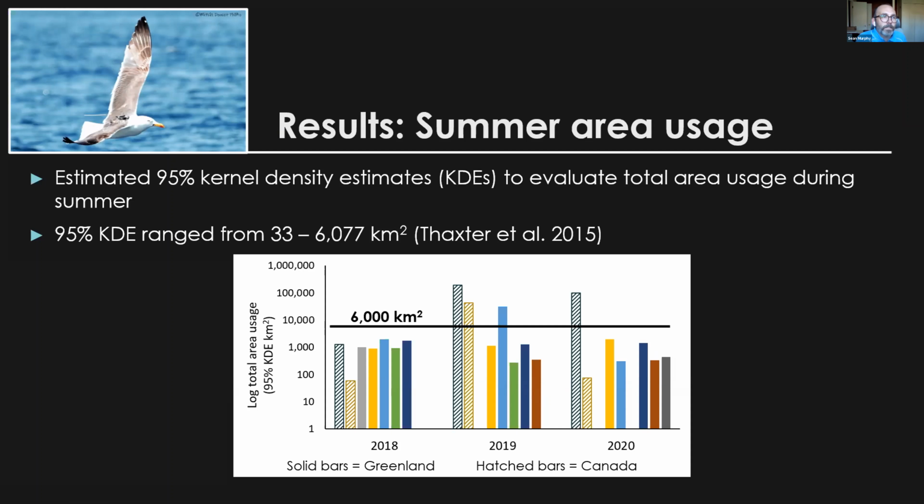And they found ranges of 33 square kilometers all the way up to 6,000. So you put that 6,000 cutoff in our data, and you'll see that many of the birds fall below it. Most of the Greenland birds, all but one in 2019, fall below the cutoff that we've assigned. And you do have Canadian birds that also fall well below that 6,000 square kilometer cutoff.